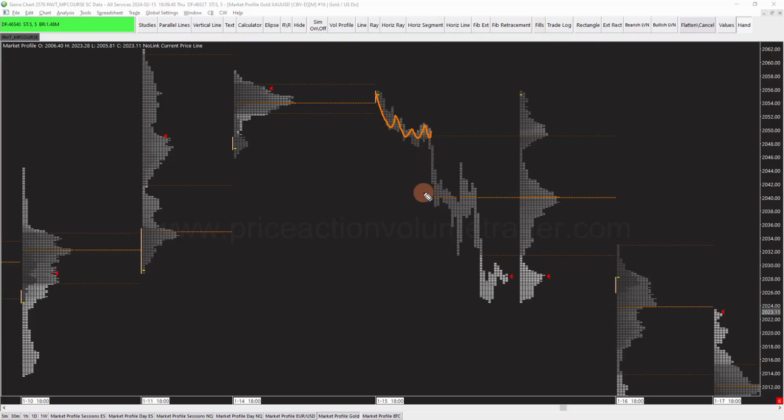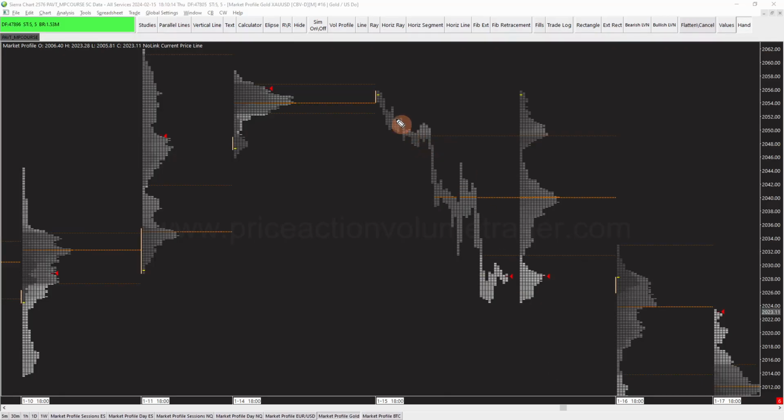This was the first area, this was the second area of accumulation, and then the last area to finish the day. And you can see we left singles right here, we left singles right here as well. So low volume node areas, if we would look at a volume profile too. So those are just split distribution days.